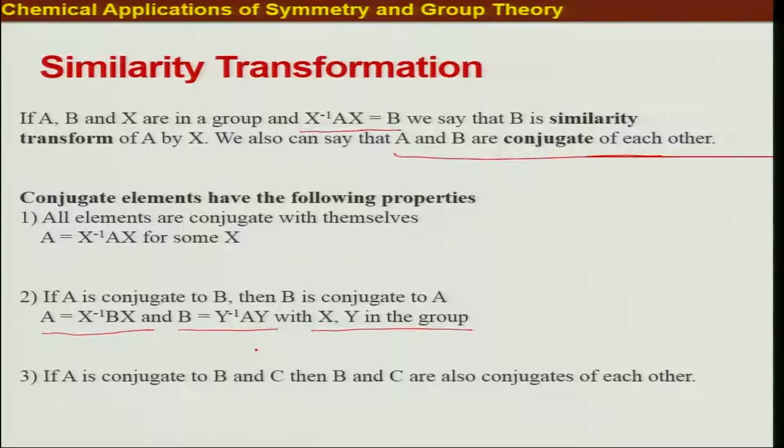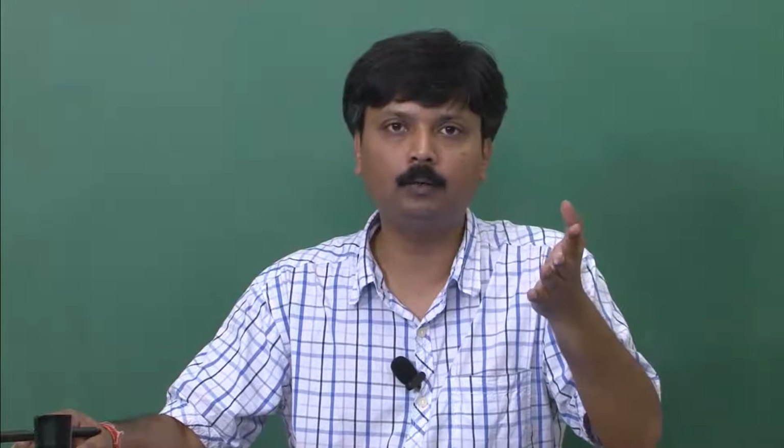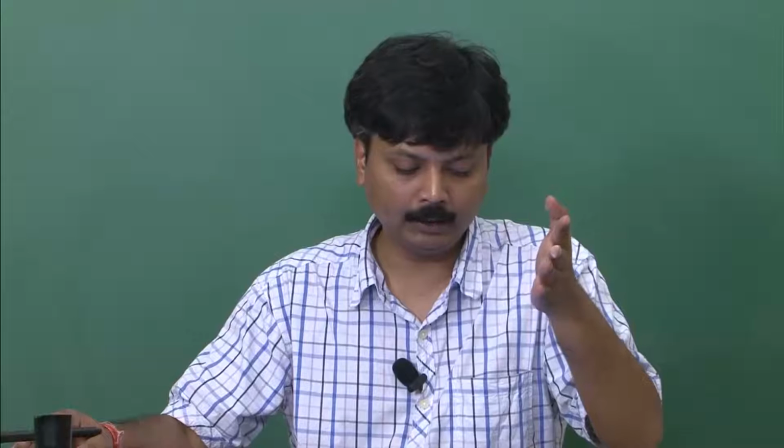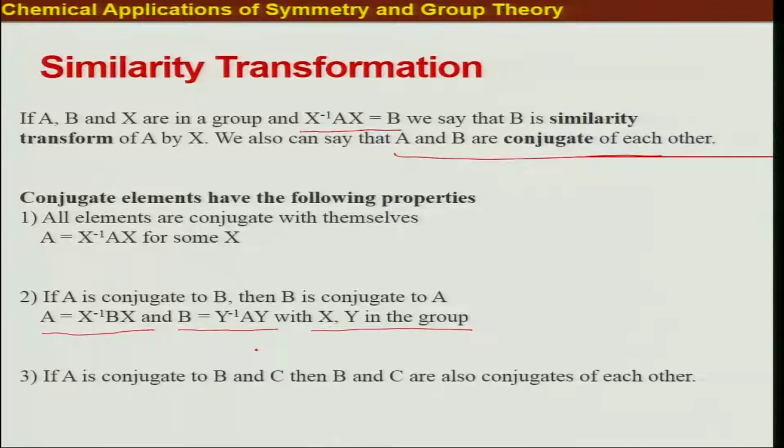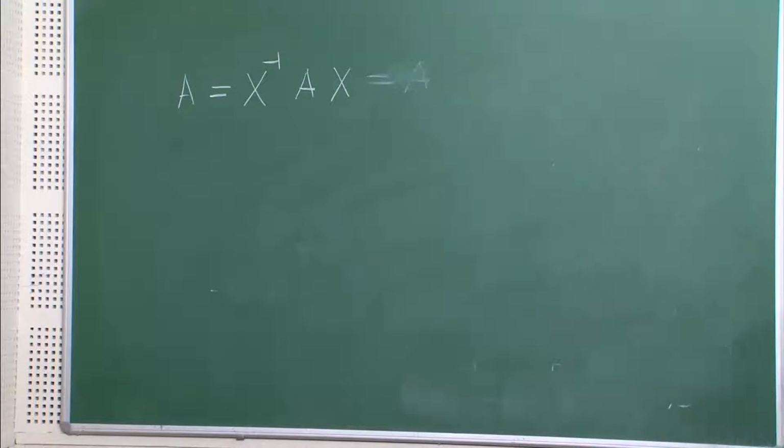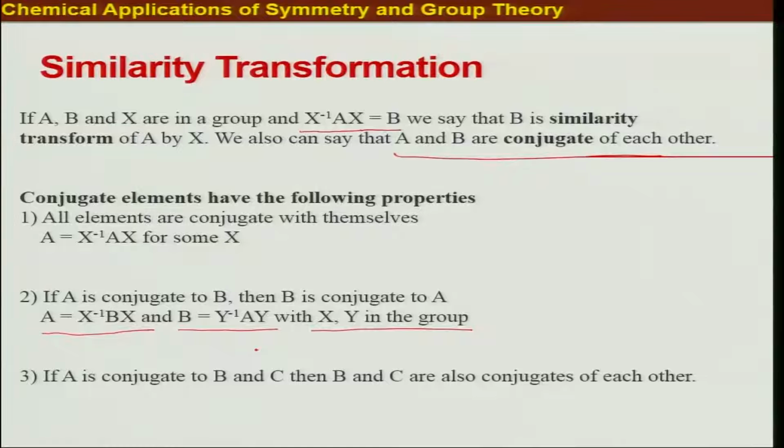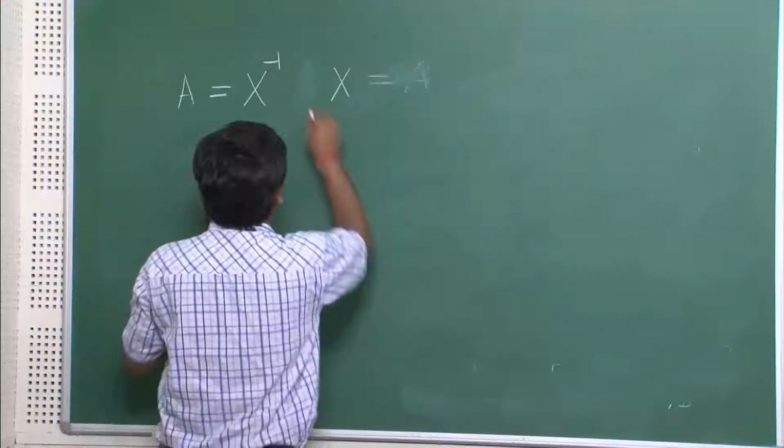Okay. This also can be very easily proven. Say for example, you start with A equals x inverse B x, and you multiply in a way. Let me show you that. So we start with A equals x inverse B x.